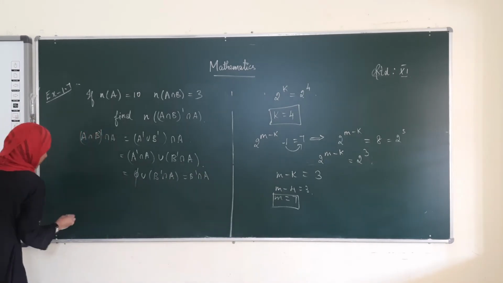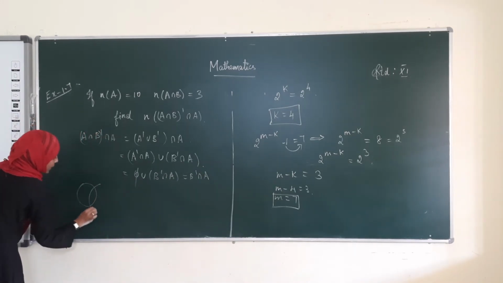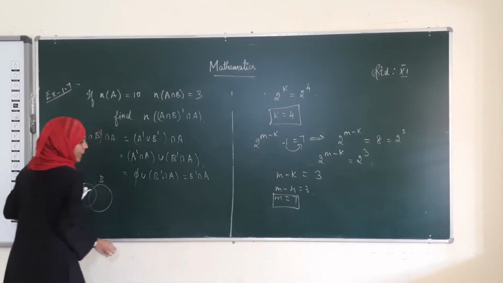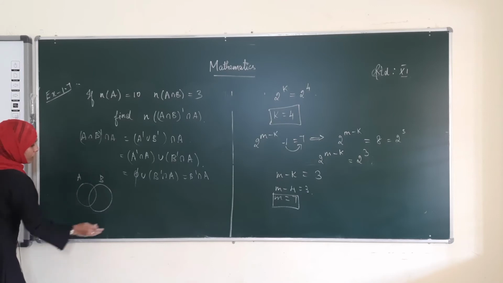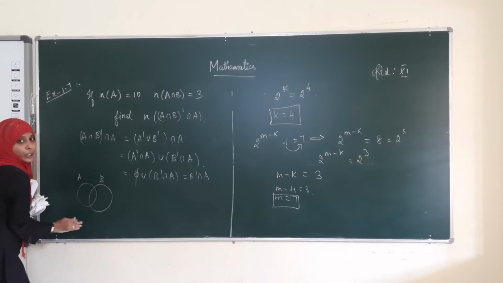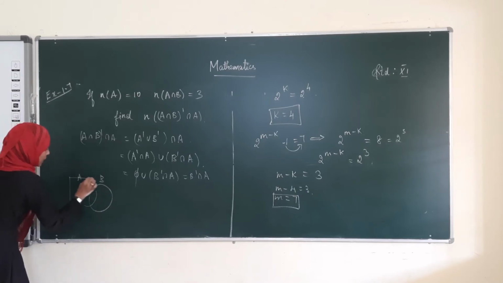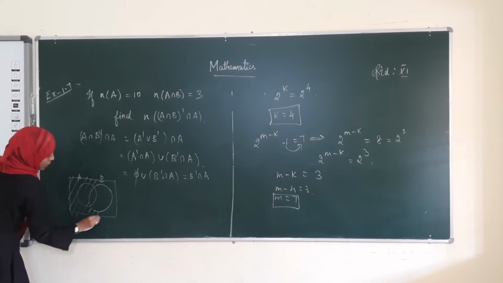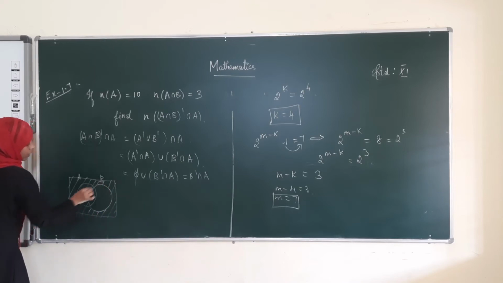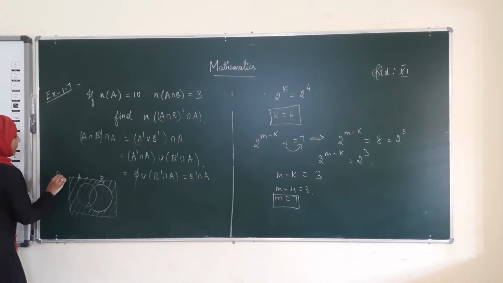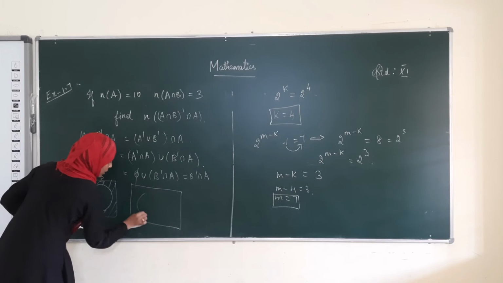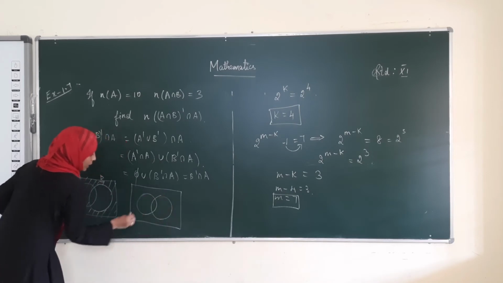How can we simplify this? See here, for this let us use the Venn diagram. This is A and this is B, but this is B'. B' means from the universal set we are going to subtract B. Let us take this as the universal set. Universal set minus B, what will be the answer? This is B'. And what is A?